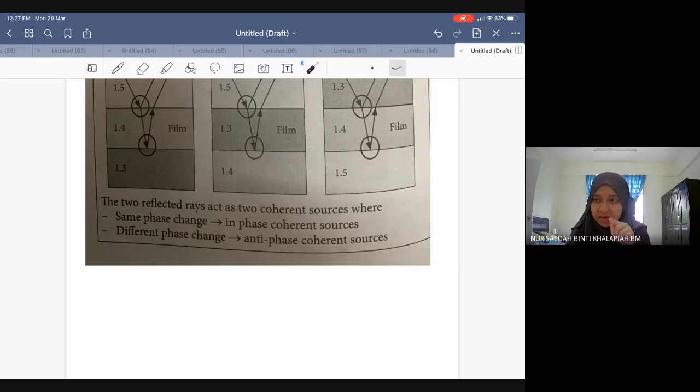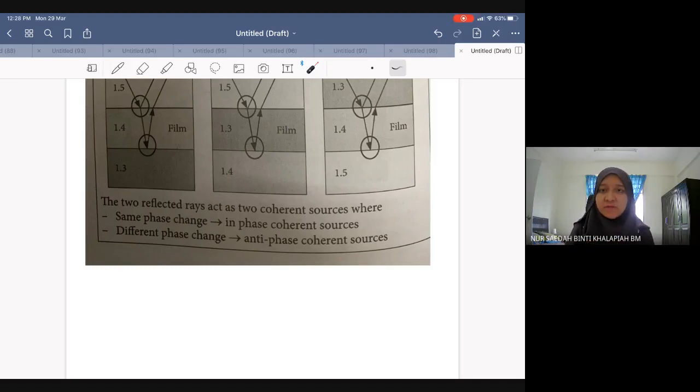Yang pembiasan yang dari second medium akan sampai at the bottom of the thin film, sebahagian akan dipantulkan keluar and sebahagian akan masuk ke dalam third medium. So kita dah ada dua reflected ray. So these two reflected rays are very close together and it will interfere. Berlaku overlap lah dekat dua source tersebut. So dia akan melakukan interference.